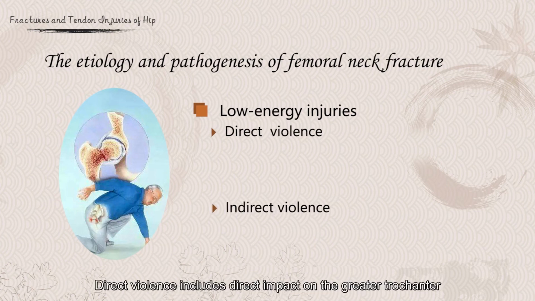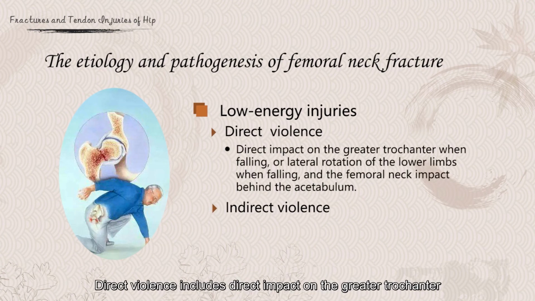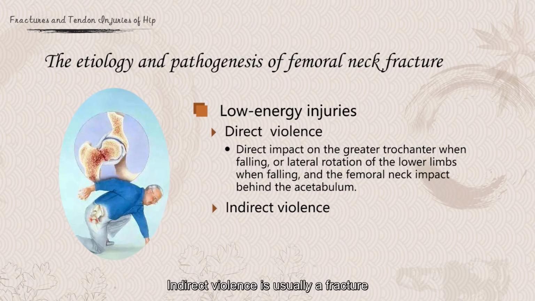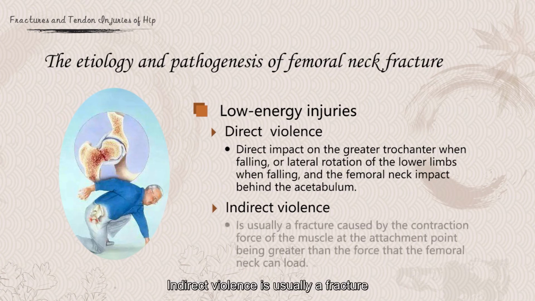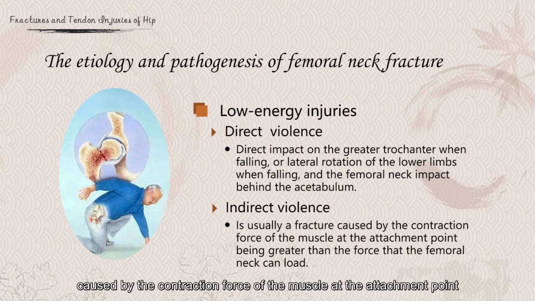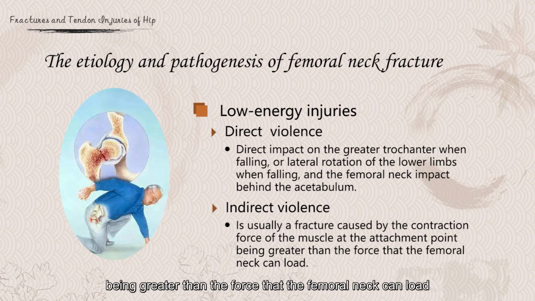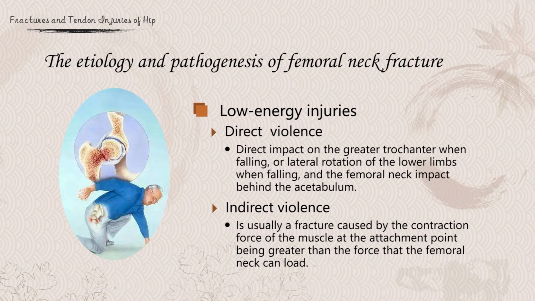Direct violence includes direct impact on the greater trochanter when falling, or lateral rotation of the lower limbs when falling and the femoral neck impacting behind the acetabulum. Indirect violence is usually a fracture caused by the contraction force of the muscle at the attachment point being greater than the force that the femoral neck can bear.